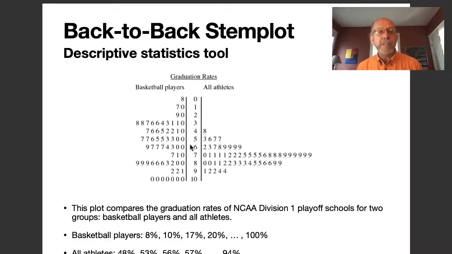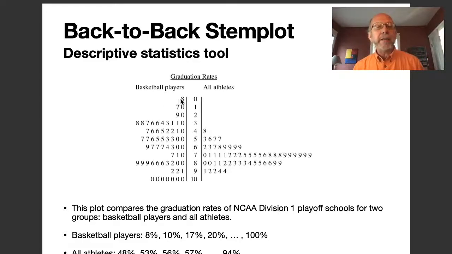They're the tens place of the graduation rate. So 0 would refer to 0% up to 9%. 1 would refer to 10% up to 19%. 2 would refer to 20% up to 29%, and so on, the tens place of the percentage.